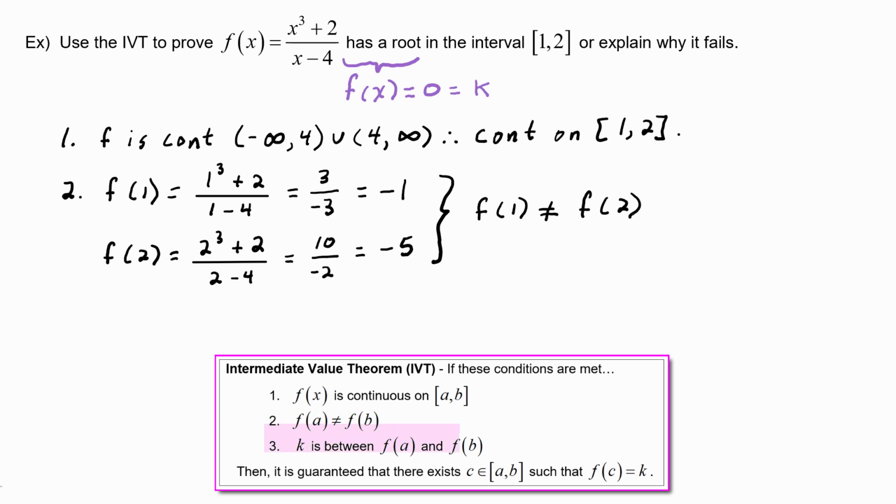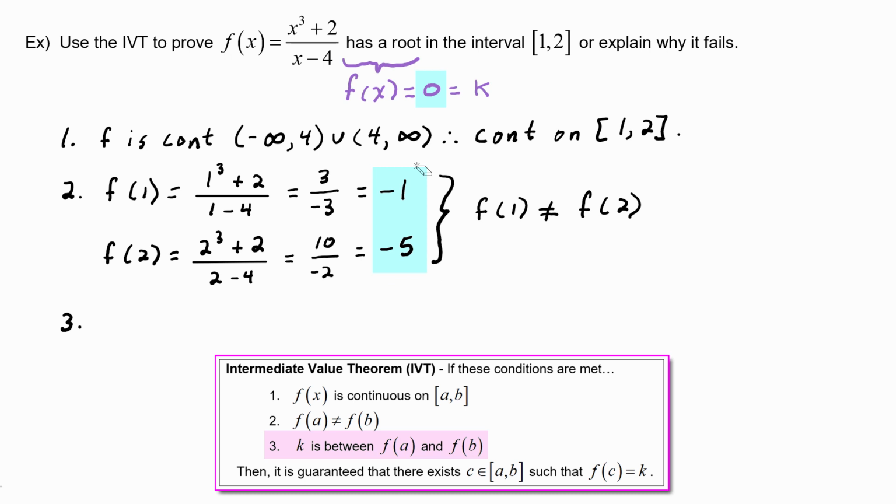Then we go on to step 3, and we have to show that our value for k lives in between f of a and f of b. So we would have to show that 0 falls between negative 1 and negative 5, and certainly that is not true.